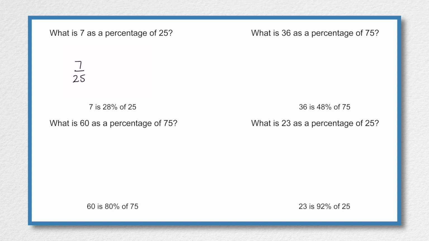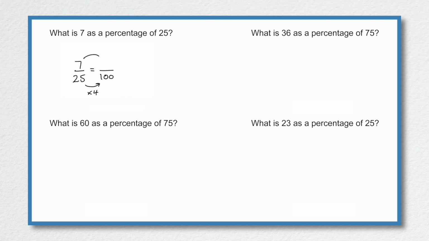Again, let's write this as a fraction. We have 7 over 25. Well, we know that 25 goes into 100 4 times, so if I multiply the denominator by 4 to get 100, I have to multiply the numerator by 4, which is equal to 28. So 7 over 25 is equal to 28%. So 7 is 28% of 25.